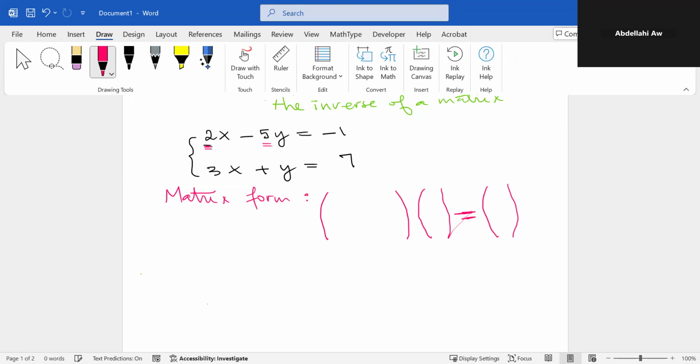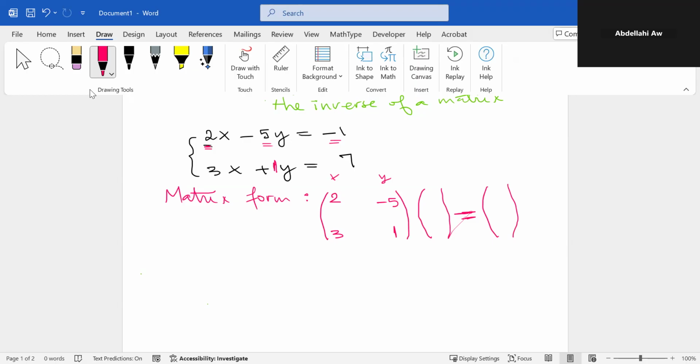So I look at the first equation. I just write the coefficients of x and y. 2 here, the first column is the column of x. The second column is the column of y. 2, -5, and here 3 for the second equation, 1, the one coming from 1y.